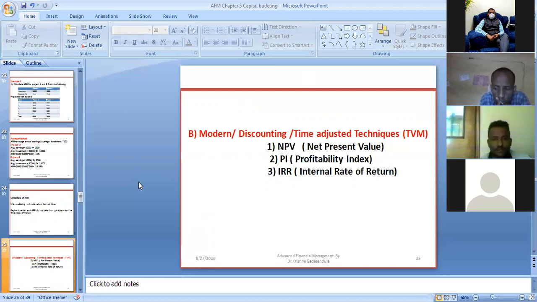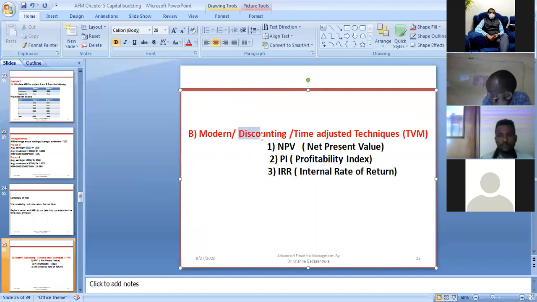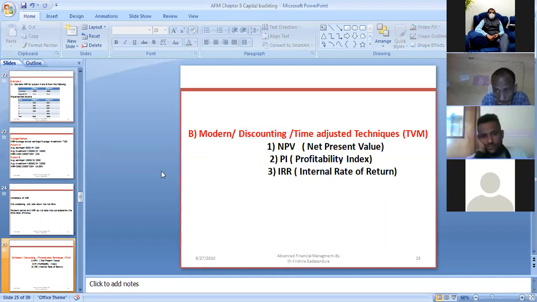After 5 years, what will happen? You don't know. The cost may increase because of inflation. That's why we are discounting the future returns, and so we can call it the discounted cash flow technique.